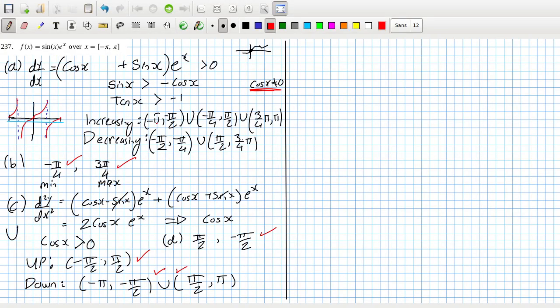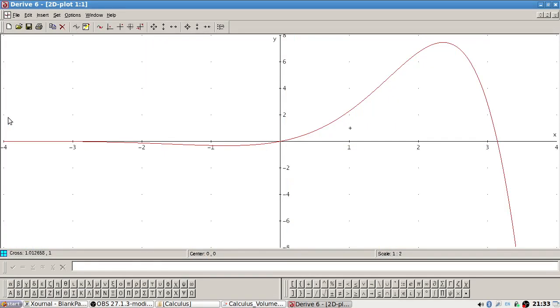I said increasing from minus pi. It's tan of minus pi. Am I wrong here? It's 0. I've done something wrong with the first part now.